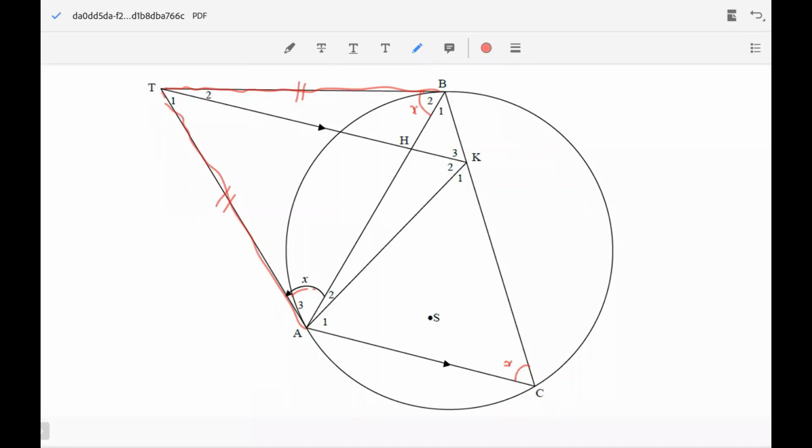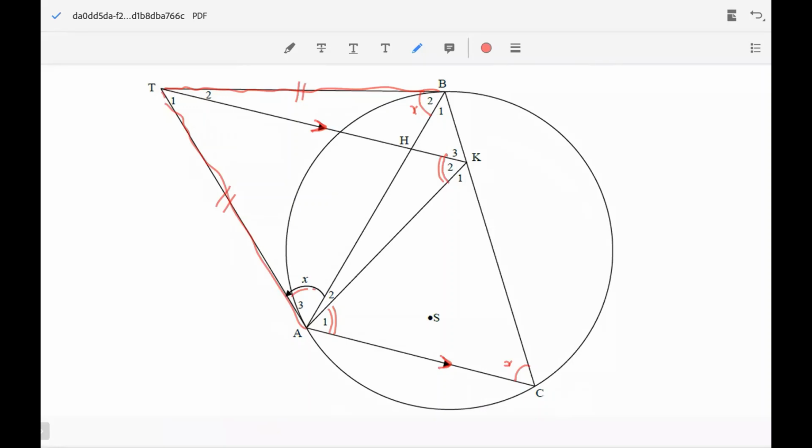Then we have parallel lines. TK is parallel to AC. So when you look at them, there is that Z there. So K2 would equal A1, alternate angles.